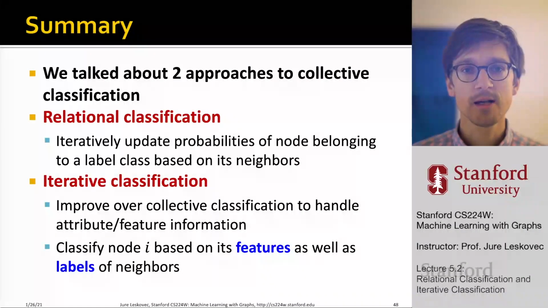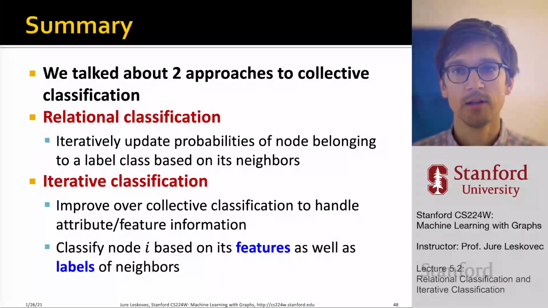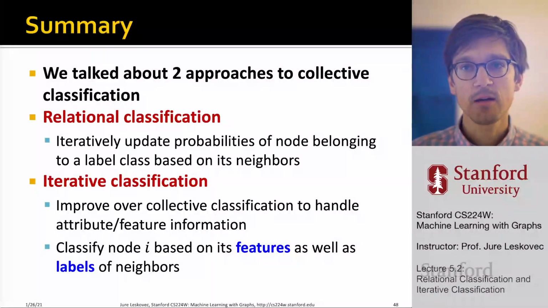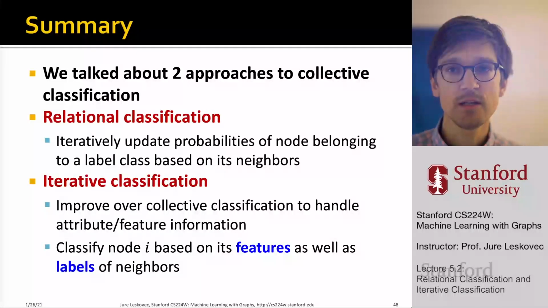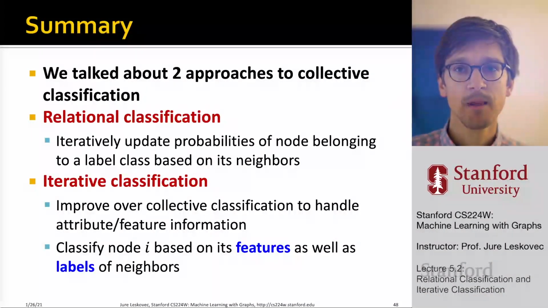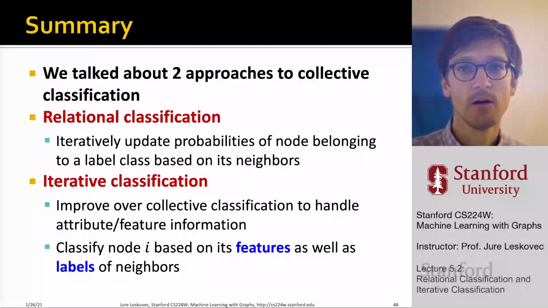Here the idea was that we classify a given node v, or a given node i, based on its features as well as the labels of its neighbors. The way we achieved this was to train two classifiers. The initial classifier, given the features of a node, predicts its label. Now that the nodes have their labels predicted, for every node we can create this summary vector z that describes the labels of the nodes that are neighbors of a node of interest.